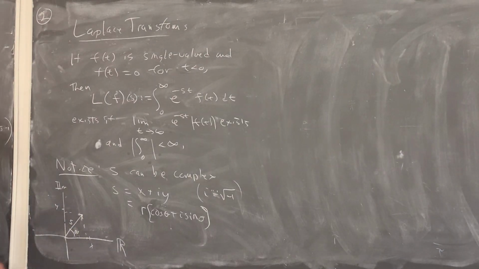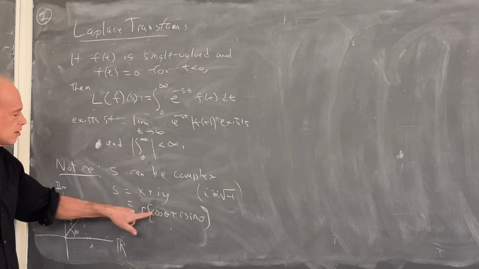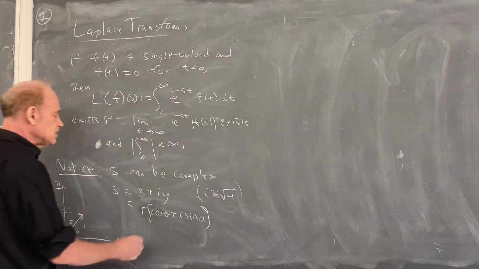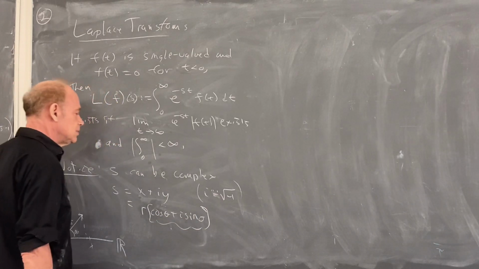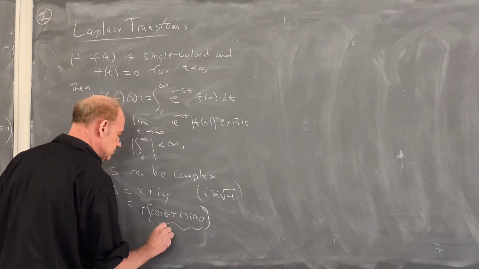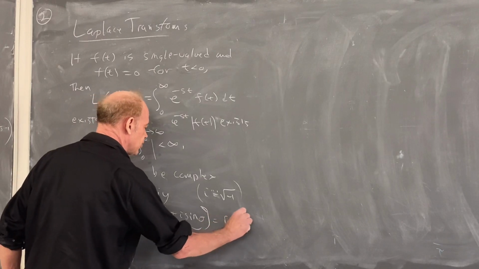Just simple geometry. So x plus iy, r cosine theta is x, r sine theta is y. And I can define this, by definition, as e to the i theta. So this is r e to the i theta.